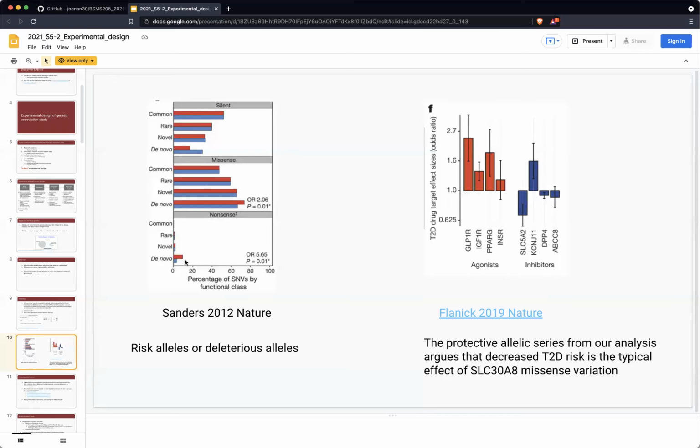So the odds ratio between case and control for de novo nonsense mutation is 5, right? And the de novo missense mutation odds ratio is 2. Those differences are not observed in other categories, right?